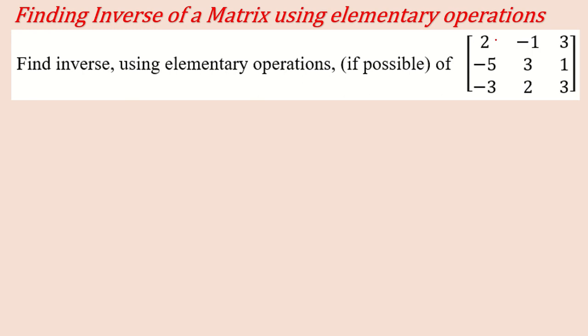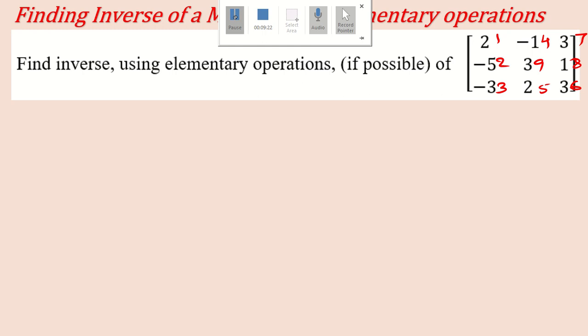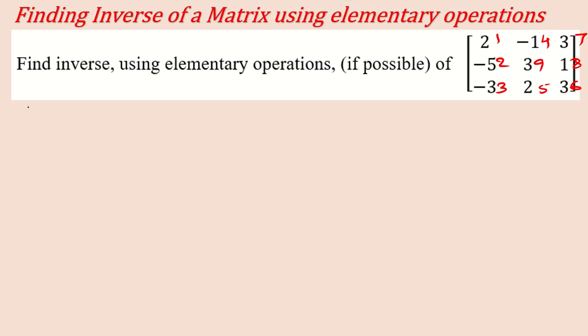So what is the operation sequence? 1 2 3 4 5 6 7 8 9. This is the sequence of the operation. One means you will put the operation firstly for this element. And no doubt we have to convert it into identity matrix. So let's start the question now.